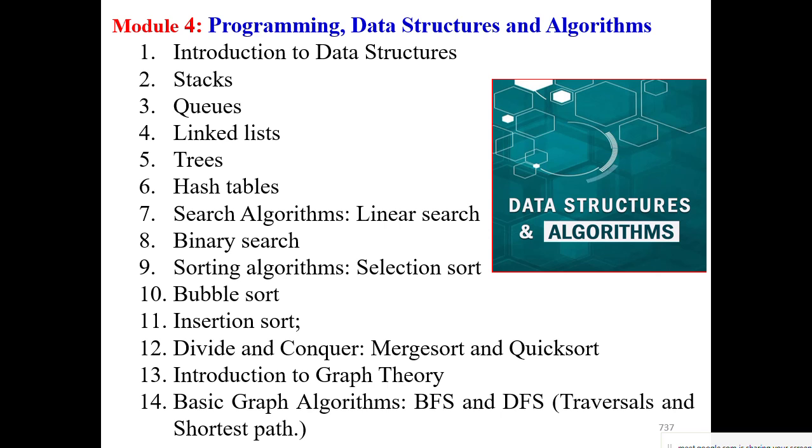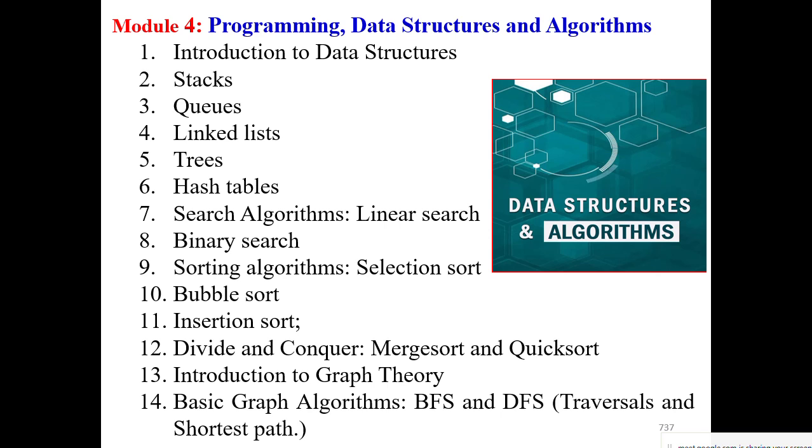Then sorting: arranging elements in any sequential order, ascending or descending. There are many sorting techniques, but I am explaining five important ones: selection sort, bubble sort, insertion sort, merge sort, and quick sort.